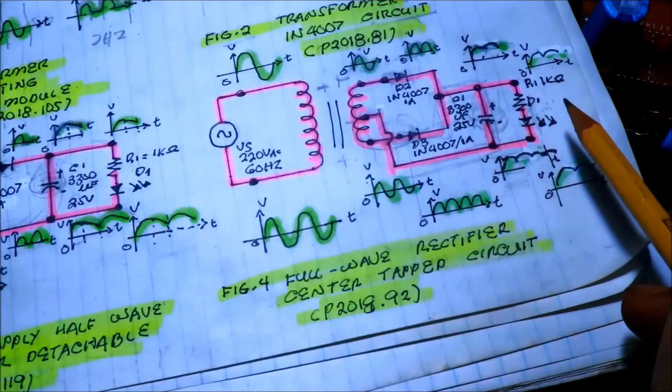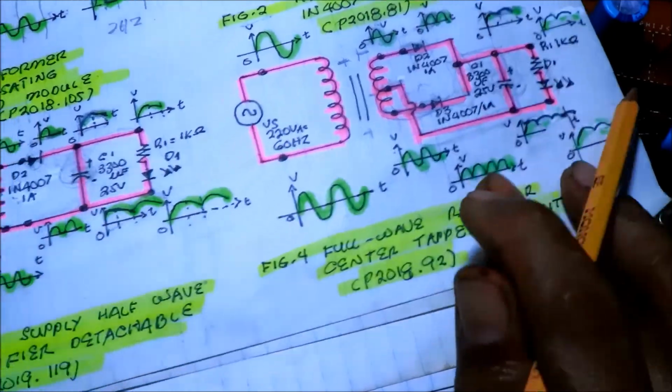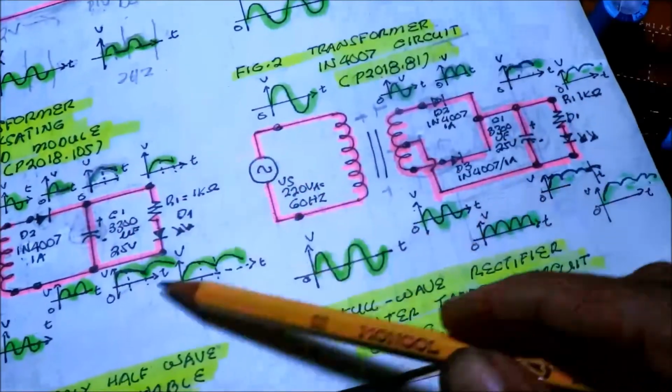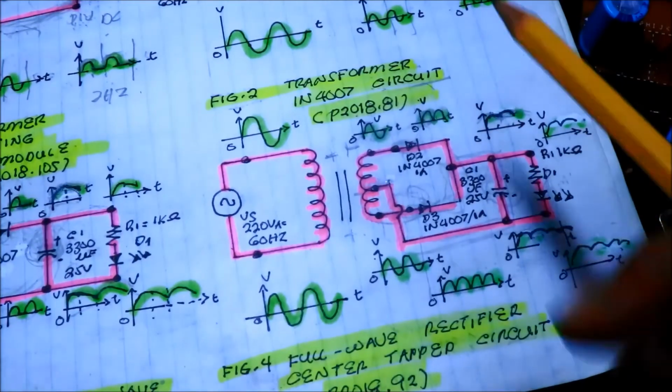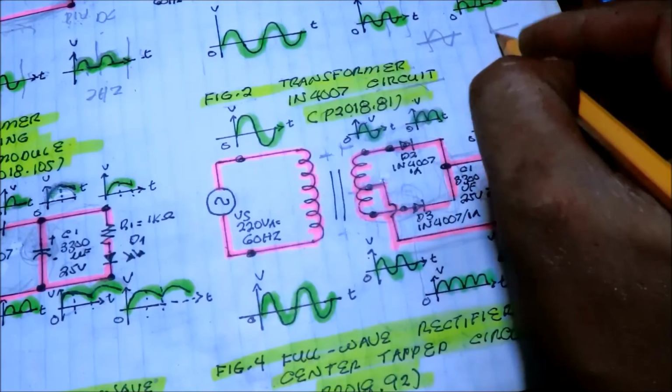So there is another invention, a type of rectifier. So all in all, these 4 circuits are all rectifiers. What I mean by rectifier is it converts the alternating current into direct current.